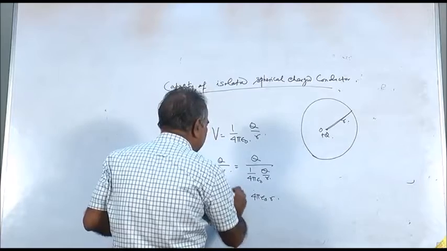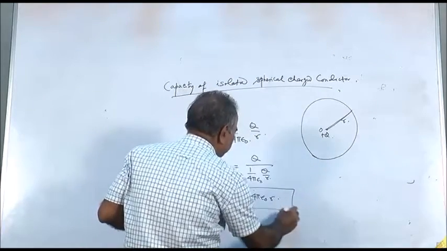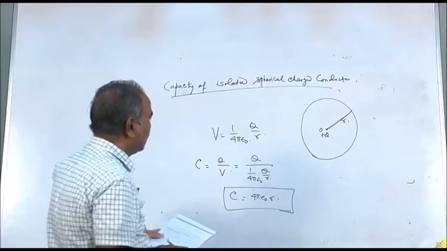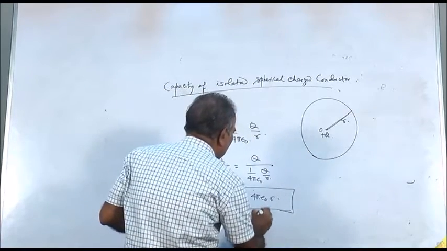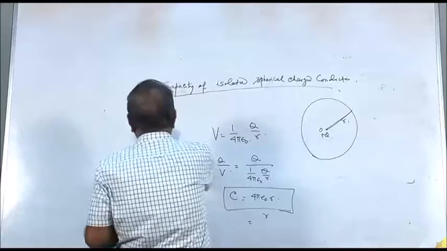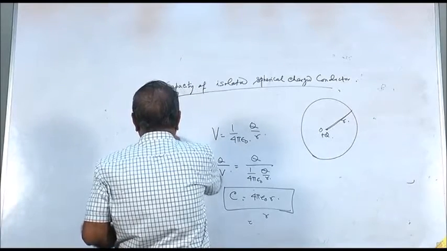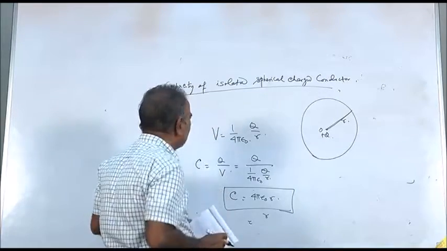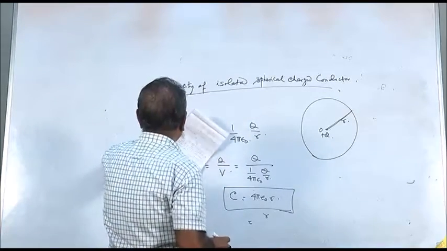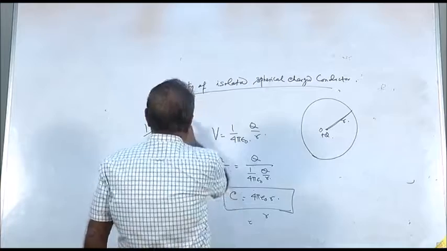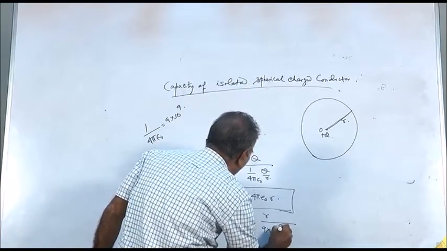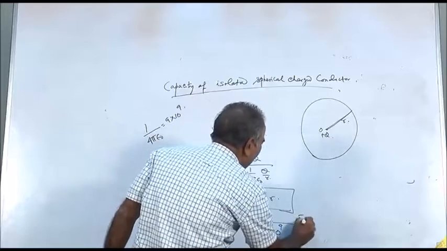So this is the capacity of the conductor, or that is equal to R, with 1 by 4 pi epsilon 0 equal to 9 into 10 to the 9, so 4 pi epsilon 0 is 1 by 9 into 10 to the 9. So this is equal to R by 9 into 10 to the 9 farad.